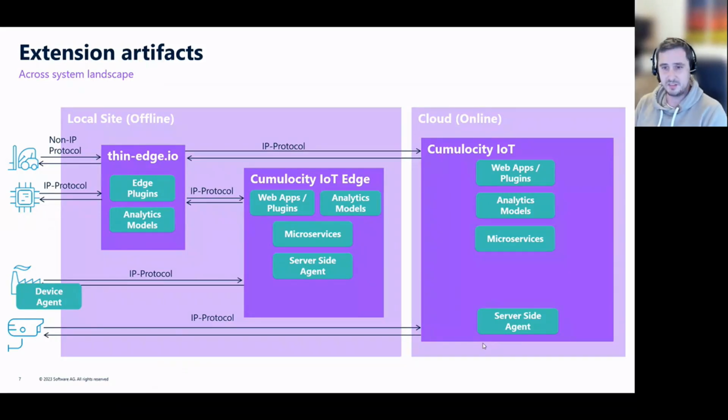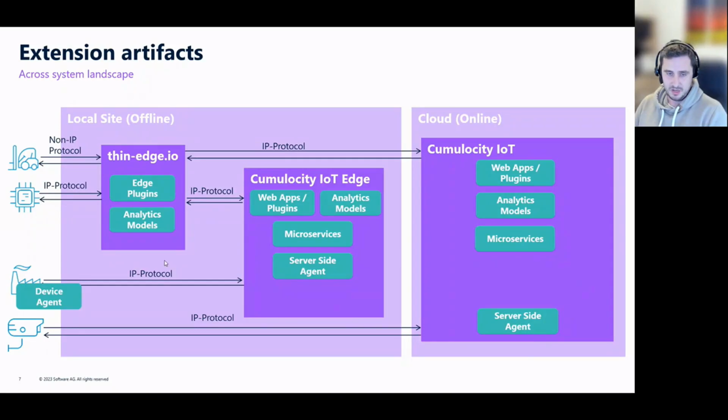If we now take all these artifacts and put them on the system landscape, you can see that we have, of course, the Cumulocity IoT Cloud, we have the Cumulocity IoT Edge, we have Thin-edge, and all of them are open and extensible in that area. This is what I wanted to show you with this picture: we can, of course, build and use microservices in the cloud, and we can also upload them on the edge.